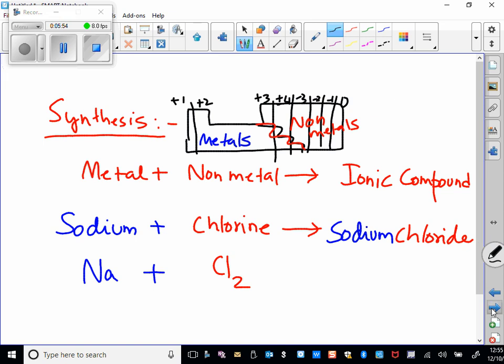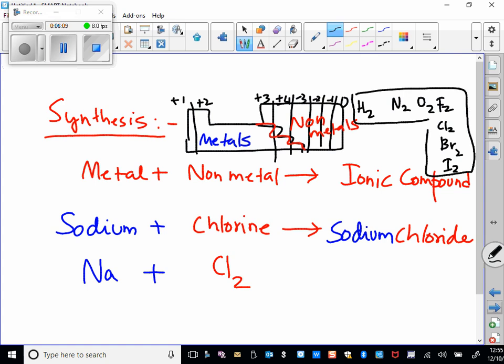You have to remember your diatomic elements. Nitrogen, oxygen, fluorine, chlorine, bromine, iodine, and hydrogen. These are your 7 diatomic elements. When they are by themselves, you need a subscript of 2 underneath them. Is that right?